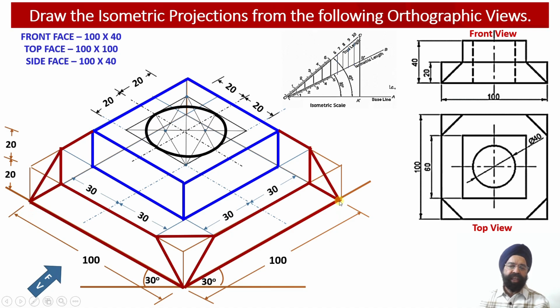Once we join these, the isometric projection construction corresponding to the bottom horizontal web, the top horizontal web and the circular hole can be completed over here.